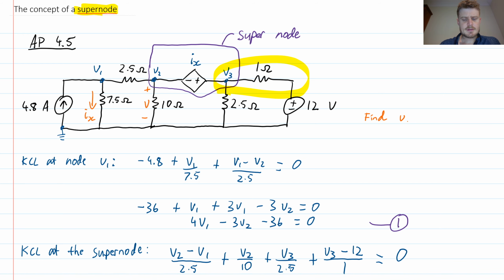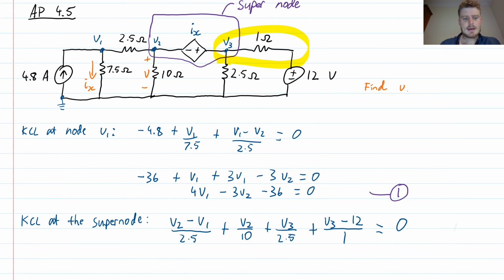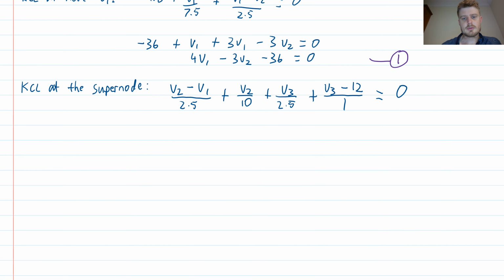So again, I should kind of tidy this up a little bit. So in particular, I will multiply this equation by 10. So 10 divided by 2.5 is just 4, so this will give me 4 times V2 minus V1 plus V2. I'm just multiplying both sides of this equation by 10 here. 4V3 plus 10 V3 minus 120 is equal to 0.